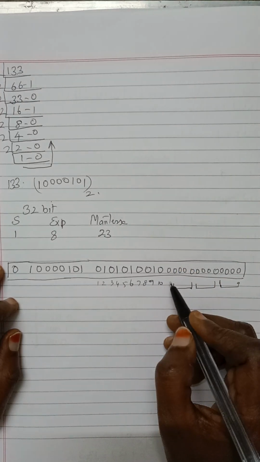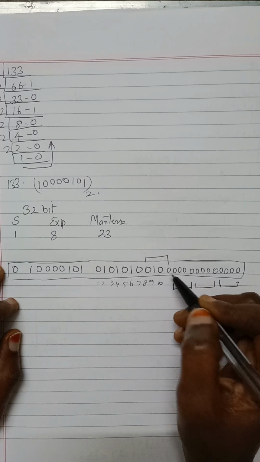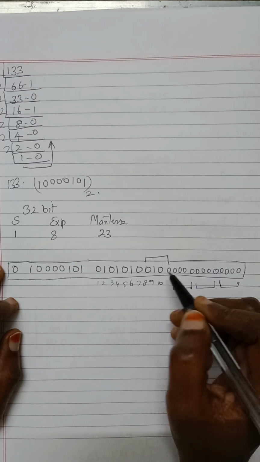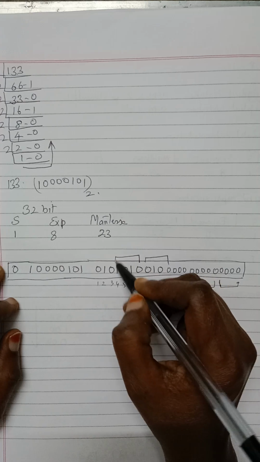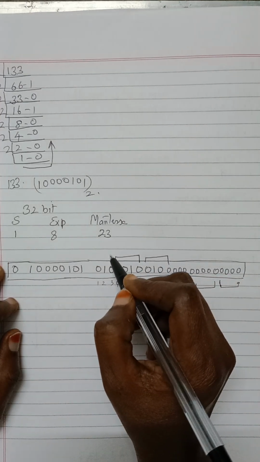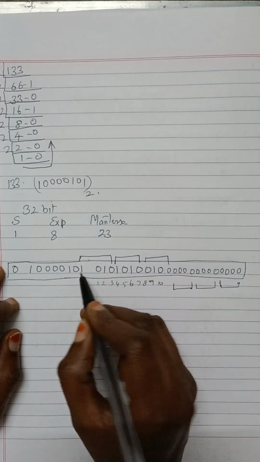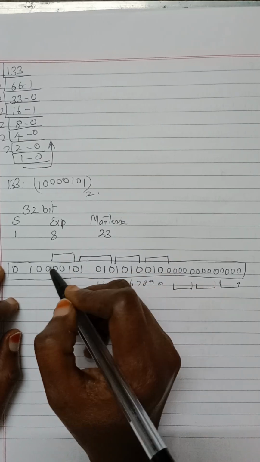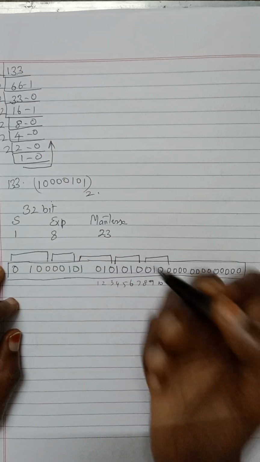Next take 4 bits: 0 0 1 0, then 0 1 0 0. Then this value 0 1 0 1, then 0 1 0 0, and the last 0 0 1 0 is one value.